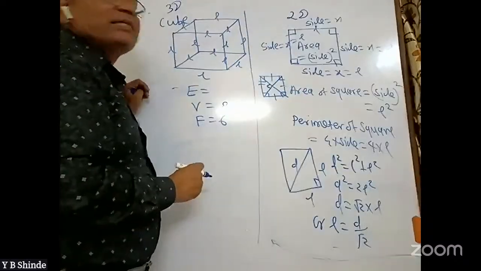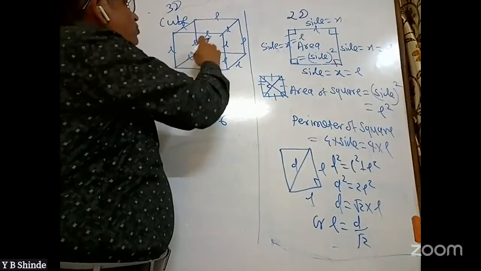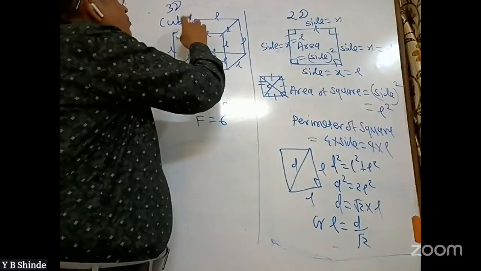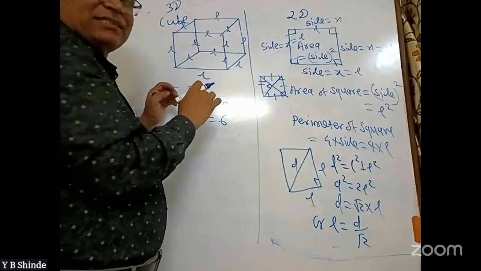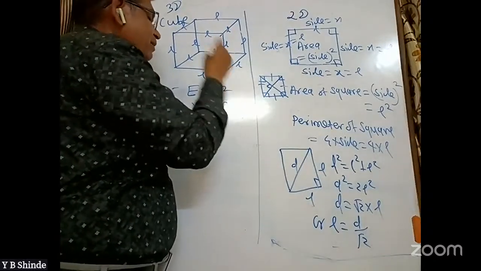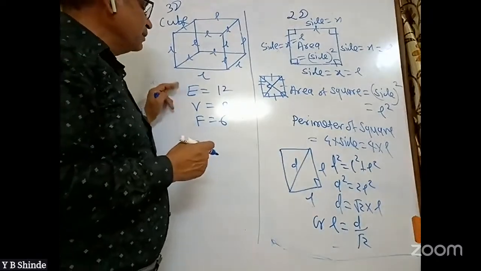How many edges? 4, 4 and 4. That is 12. And do you know Euler's formula?